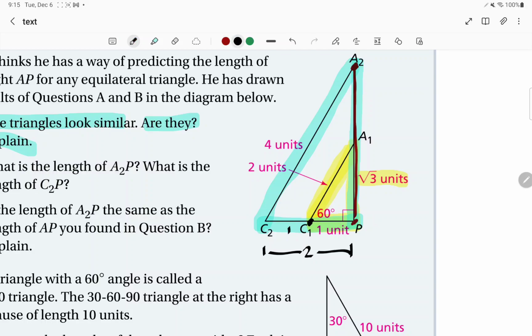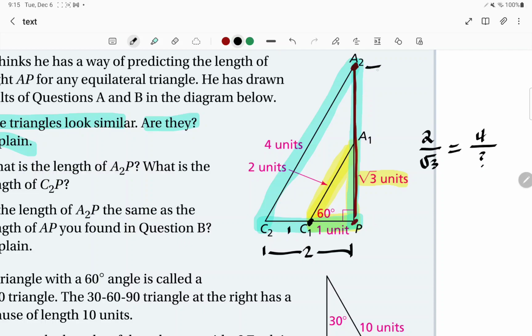So when we set up our proportion, let's go small. The small hypotenuse is 2. The small leg is the square root of 3. So we'll go this leg over here, and that has to be equivalent, because they're similar, to the large hypotenuse over the large leg, and let's say we don't know what that is.